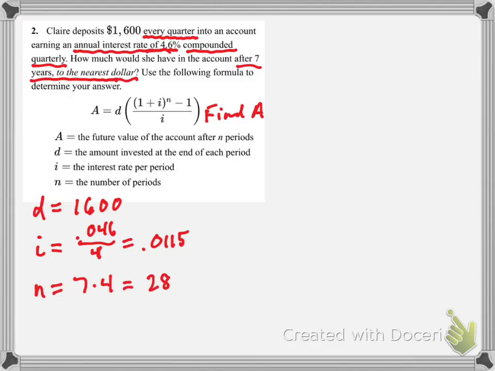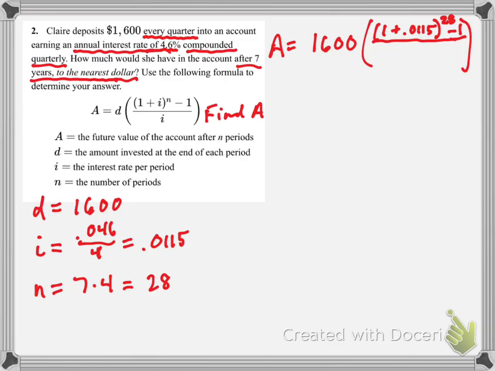So that's N. So A equals 1,600, parentheses, then another parentheses on top of my fraction. So 1 plus 0.0115 to the n power, that's 28. And then minus 1, and parentheses. And then on the bottom would be 0.0115, which would be I.